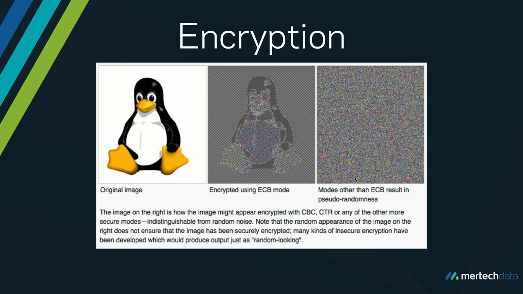So the difference between the two is that one of them is using ECB and the other one, let's say, is using CBC, which stands for cipher block chaining. Basically, in the case of CBC, we're using the prior block's data to encrypt the next block of data. It serves as what's called an initialization vector, which is one of the other things we mentioned earlier for how the encryption works.